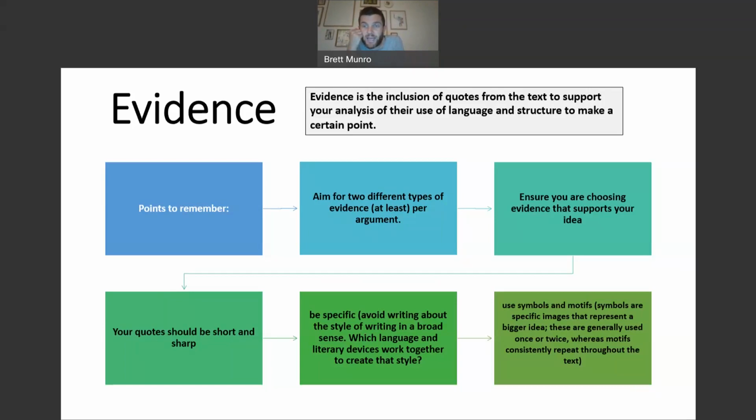Use motifs and symbols. Symbols are specific images that represent a big idea. These are generally used once or twice, whereas motifs consistently repeat throughout the text. And like I said, structural elements such as narrative voice can also be quite useful.